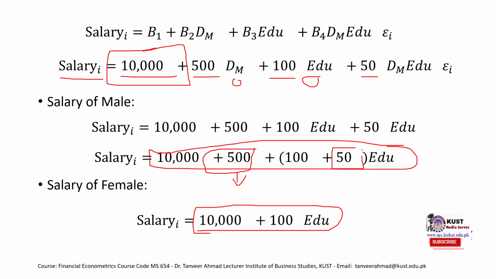And this 50 rupees, remember, if education increased by 1 year, in this case, the salary of a female would increase by 100 rupees. But in case of a male, if education increased by 1 year, the salary would increase by 150, which is 50 rupees higher than the salary of a female.